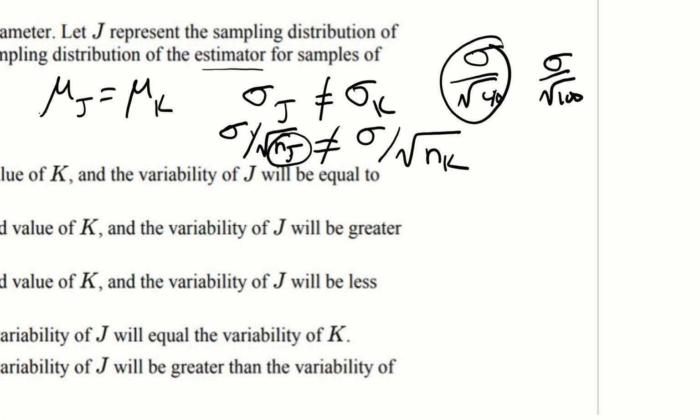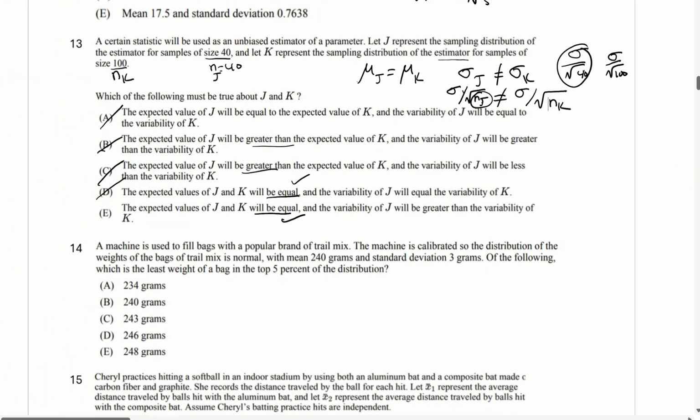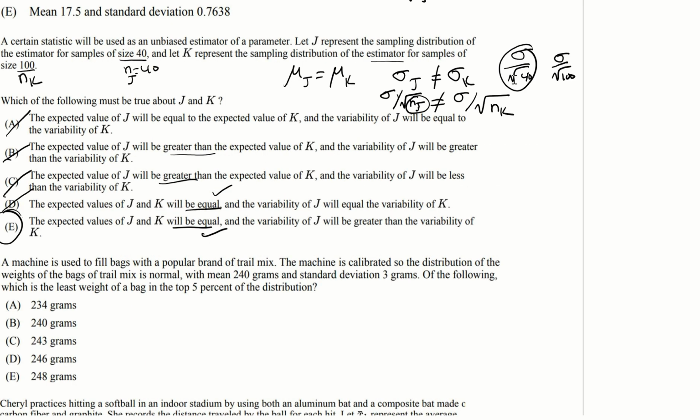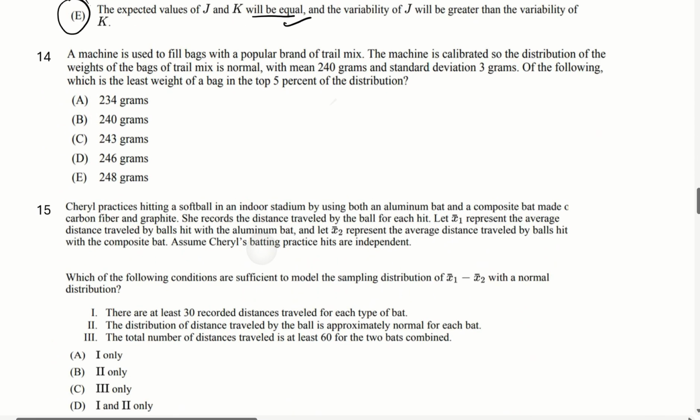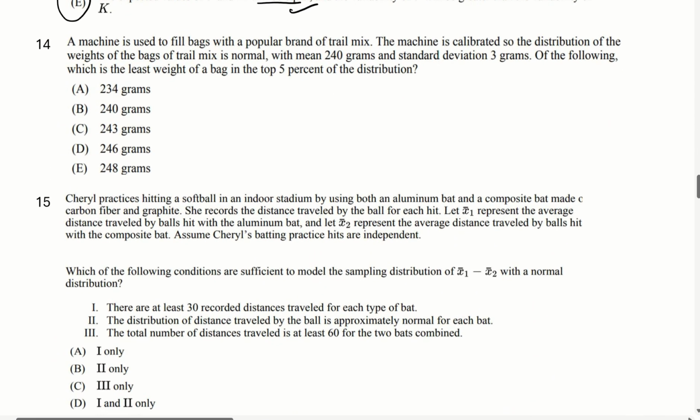Well, then this one's going to be bigger because smaller denominator means bigger variability. So this variability for J would be greater. So that is true. Okay, all right, so then it has to be E. The variability is greater for J than K.